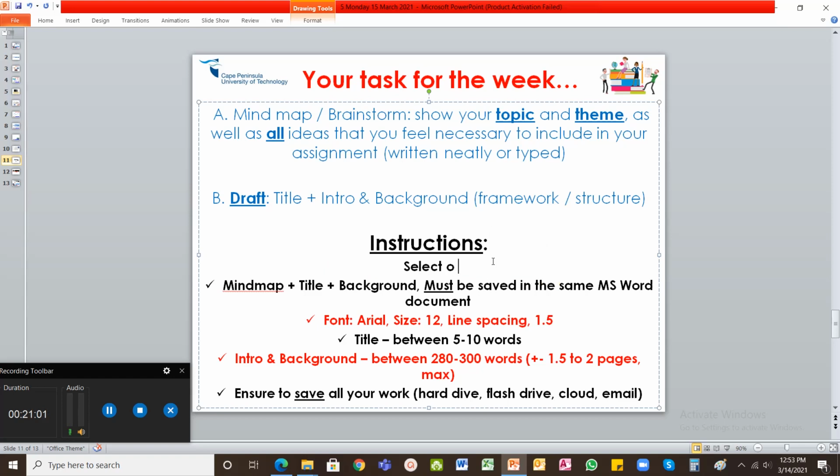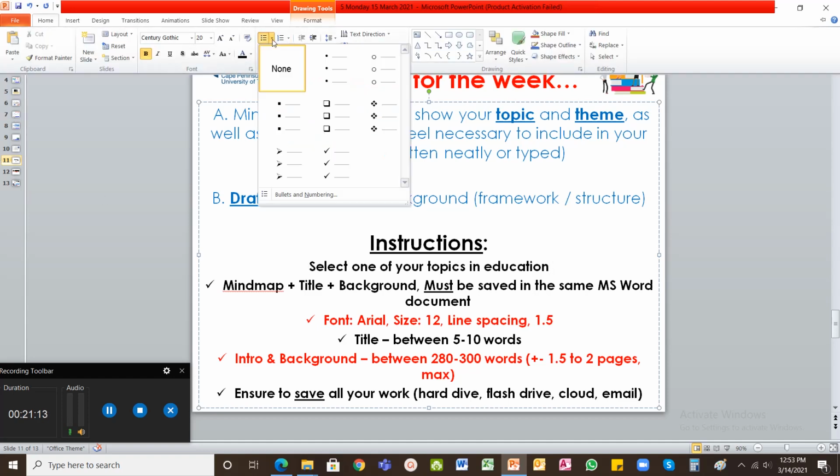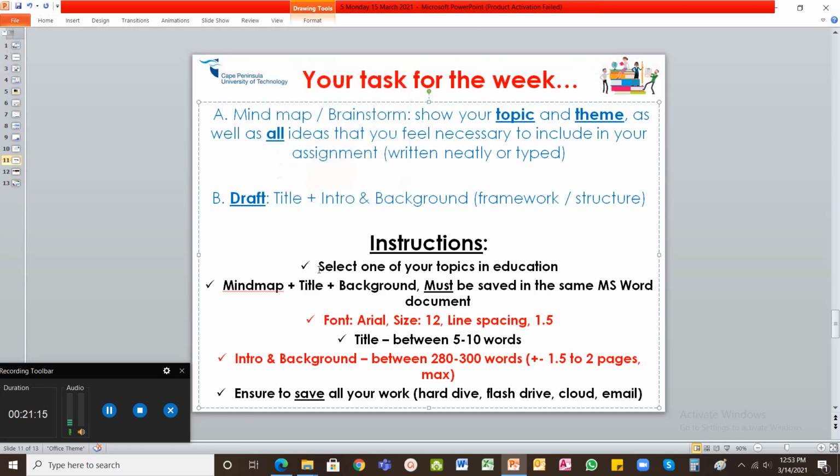Select one of your topics in education, right? So that's your first instruction. And there we go. Let's just put that in red. Right, so you have to take one of your topics that you have provided and create a mind map.